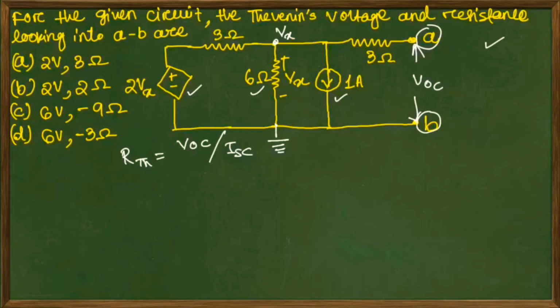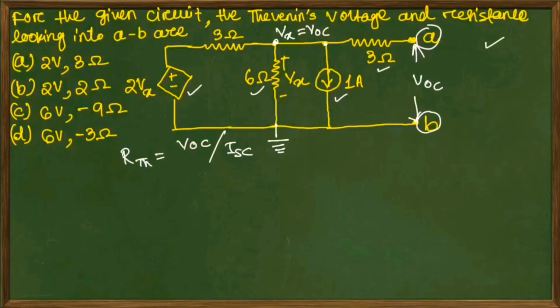As this path is open, no current flows through this 3 ohm resistance, so the voltage across this 3 ohm resistance is 0. So the same VOC amount of voltage will be reflected to this node. So this node voltage equals VOC. So Vx equals VOC.